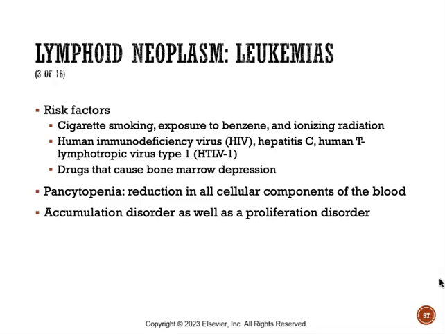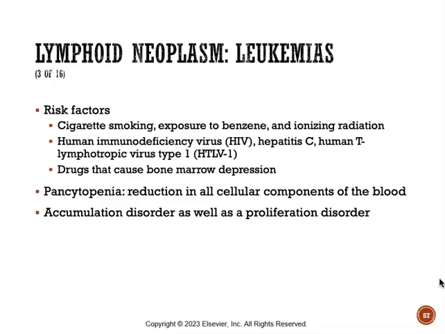And a key complication of leukemia is pancytopenia, which we talked about at the beginning of this chapter lecture, where we're going to see an effect on all blood cell types, including our red blood cells, white blood cells, and platelets, that become reduced.